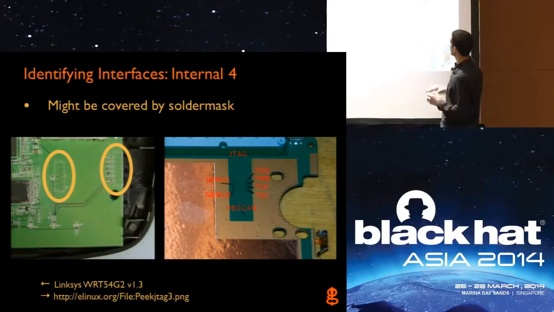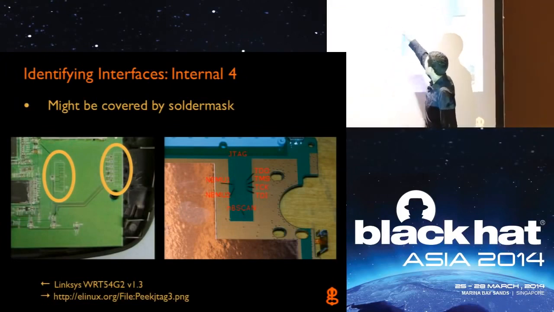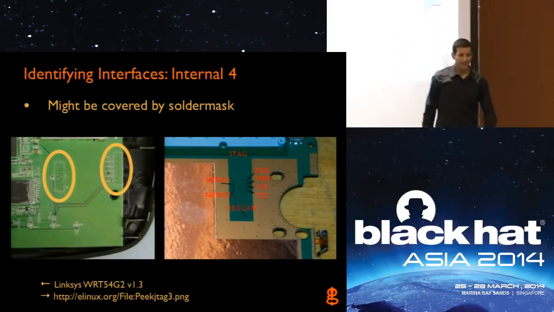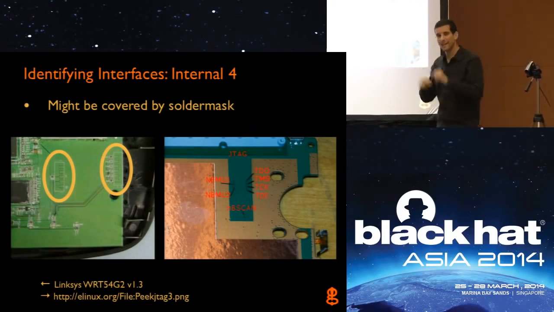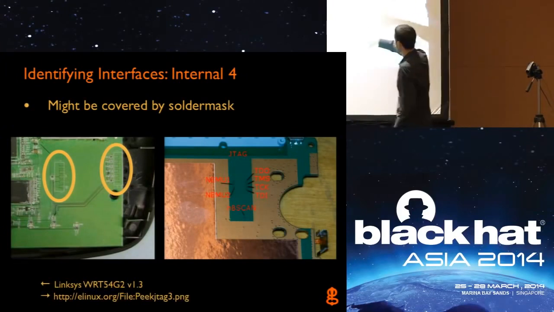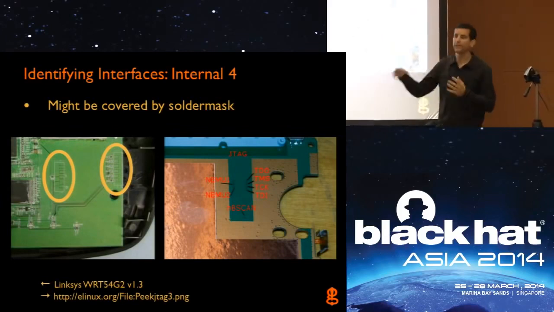Once you take apart the housing, there are these tiny little test points, all covered in solder mask. So you have to very carefully scrape those off and solder wires down to them, or maybe you could create a little test fixture with pogo pins, spring-loaded pins that touch down on all of those test points, which is probably what the developers had, and then figure out what they are.